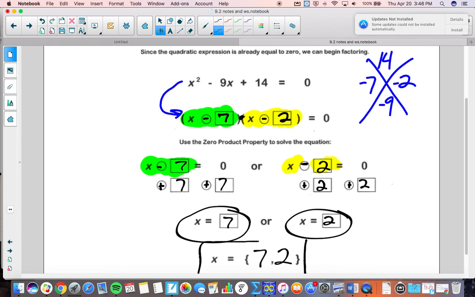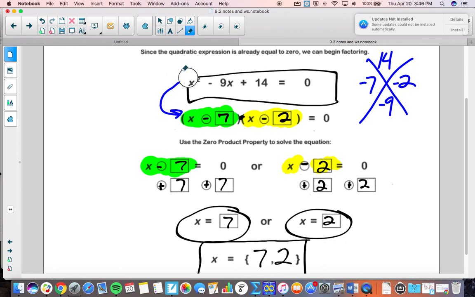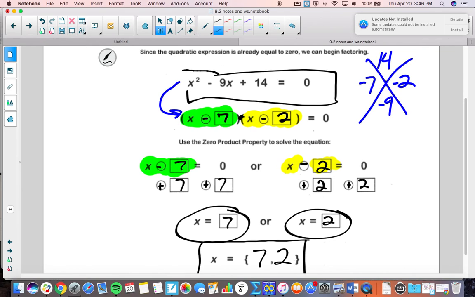If you plugged 7 into this original equation in your calculator all at once, make sure you use parentheses around the 7 when you substitute it in, you would get 0. And if you plugged in 2 instead for x, once you did all of this, you would get 0. Those are solutions.